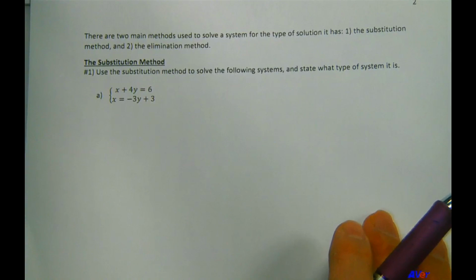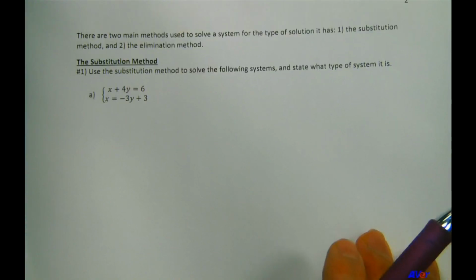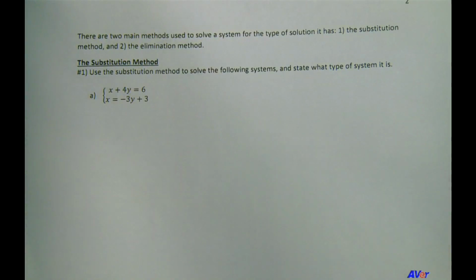To solve systems of linear equations in two variables, there are two main methods: the substitution method and the elimination method.